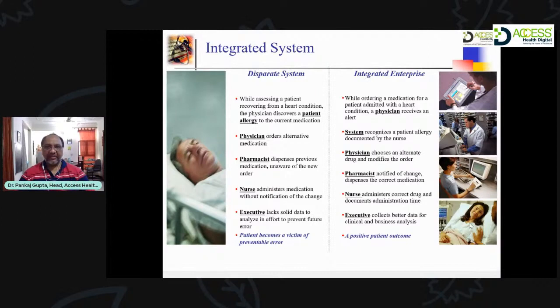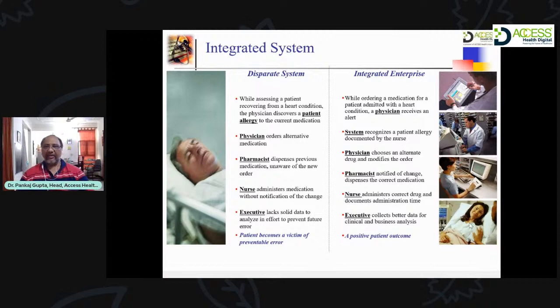This can be done only in an integrated system where different parts of the system are integrated together. So there is a hospital information system, there is a pharmacy system, there is a nursing workbench, there is an ordering system, there is a reporting system. All of them have to be integrated together either by design or by using standard interfaces.